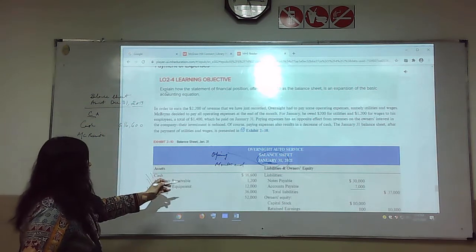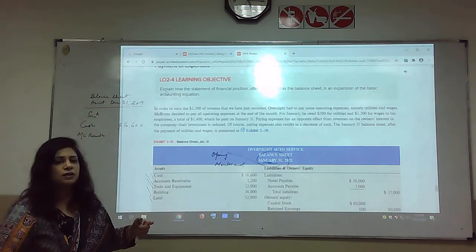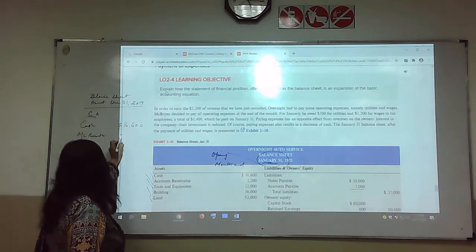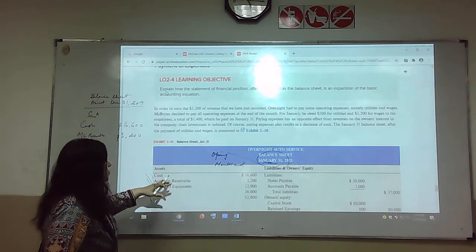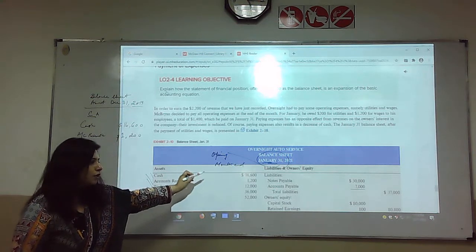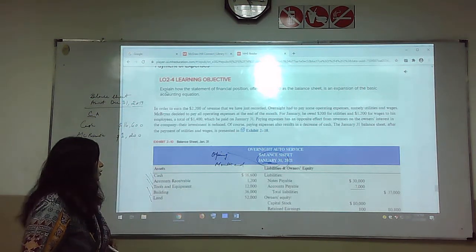Accounts receivable in this case is less liquid than cash, although it can materialize within a month, but cash can be materialized immediately. Now this is 1,200, and also please make sure that you have the dollar sign placed at least one time, so that all the other values would be assumed to have the same dollar symbol.